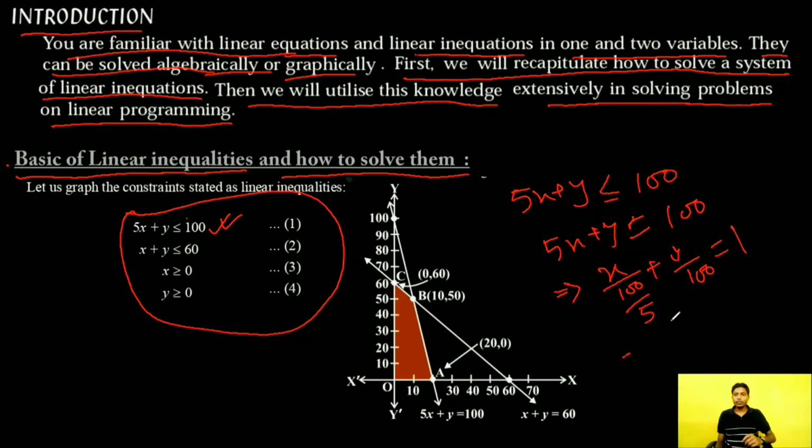This implies x by 20 plus y by 100 is equal to 1. So this straight line will intersect the x-axis at the point (20, 0) and the y-axis at the point (0, 100).